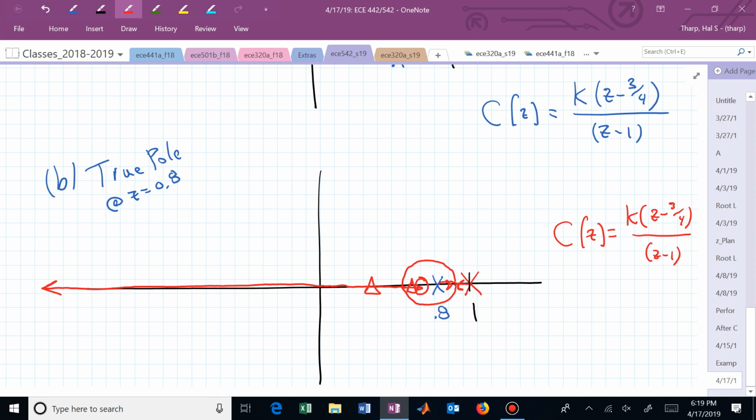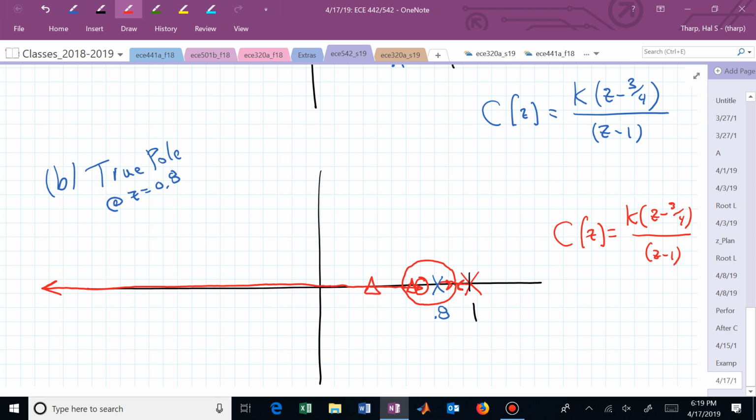We always have 0 error due to a constant, no matter where that actual or true pole ends up, because we have this pole in our PI controller at Z equal to 1. In this loop gain of C of Z, G of Z, that contains a pole at Z equal to 1. And that gives us something good or useful.